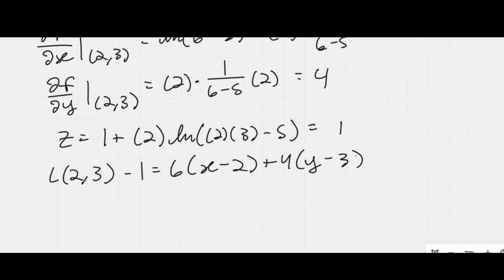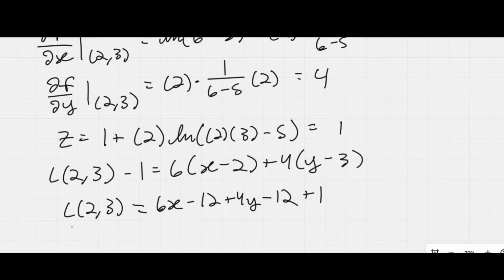And so we can simplify this out to become the linearization at (2, 3) equal to 6x minus 12 plus 4y minus 12 plus 1, which is equivalent to the linearization at (2, 3) being equal to 6x plus 4y minus 23.